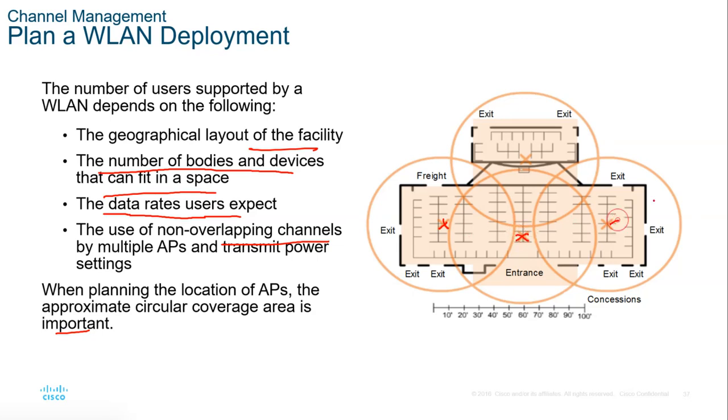So which one is actually going to cover the geographical area? Because if you have one here, for example, it will cover only this space. This means that people at the exit here will not have access.